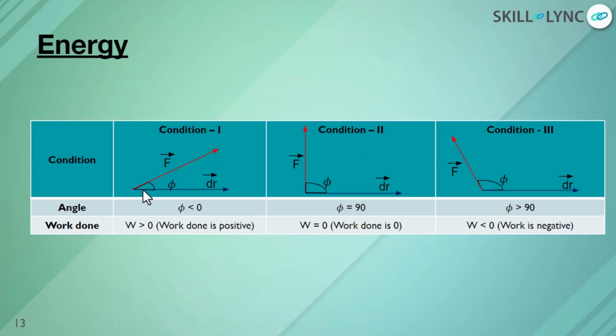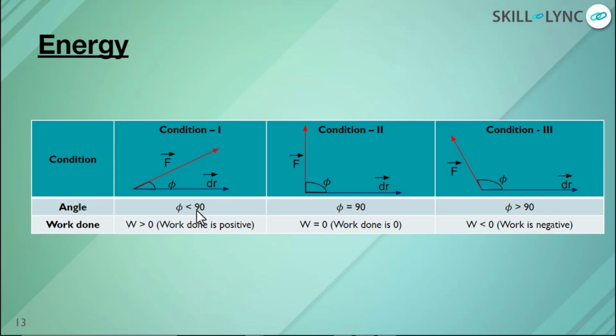Here, let's suppose the angle made by the force acting and the velocity is phi. Then if the angle is less than 90 degrees, the work done would be greater than 0. That is, the work done would be positive. Let's try to figure out why.